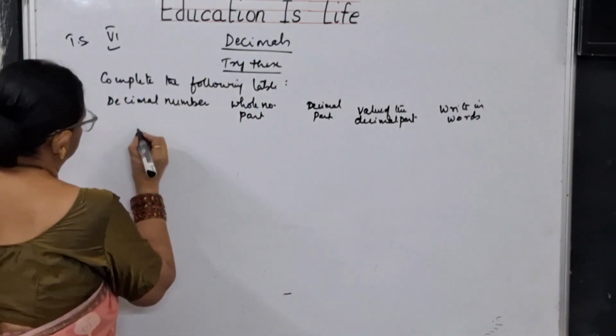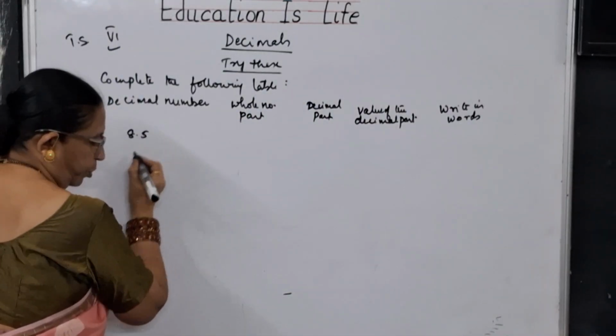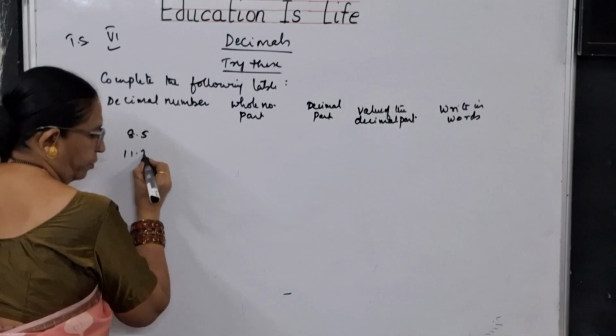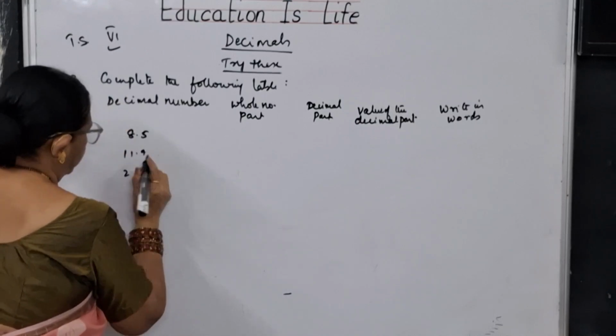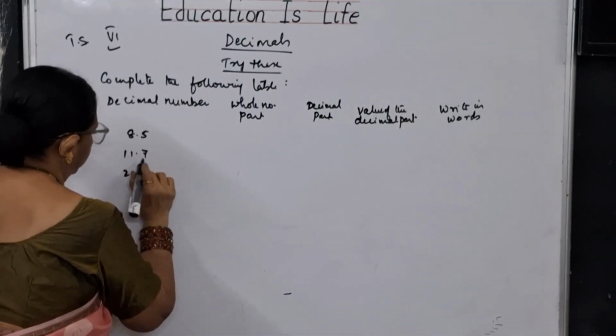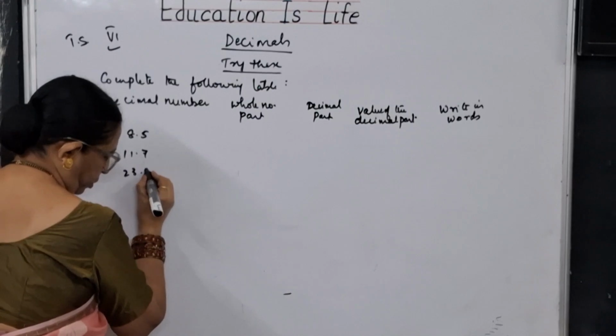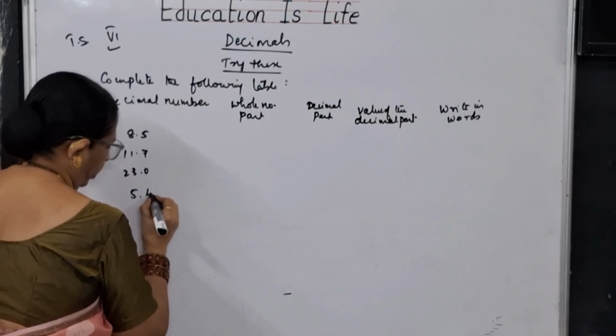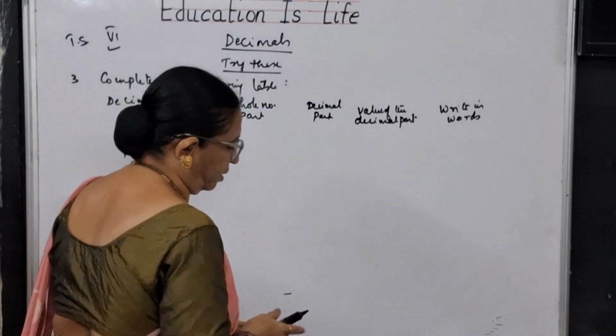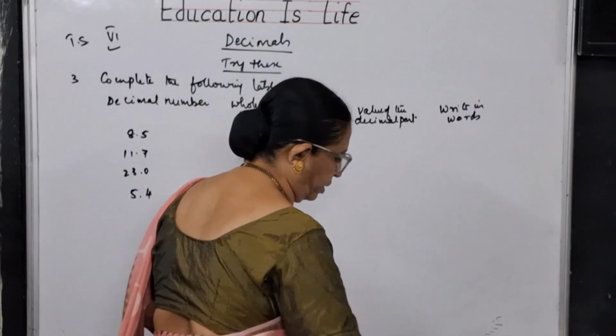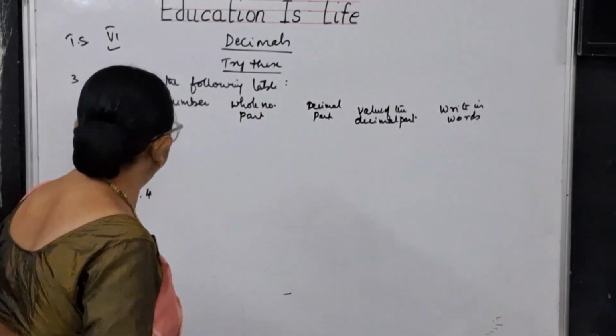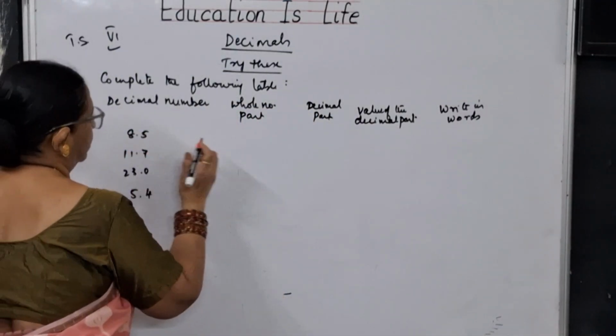So what did they give? They have given 8.5, 11.7, 23.0, 5.4. Now the solutions: the whole number part is 8.